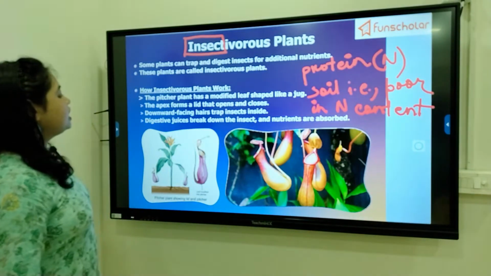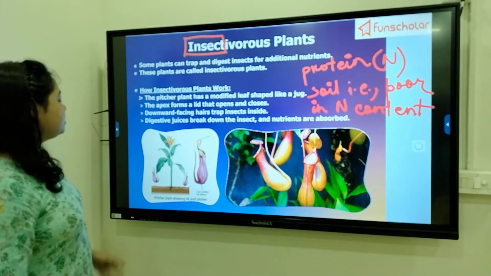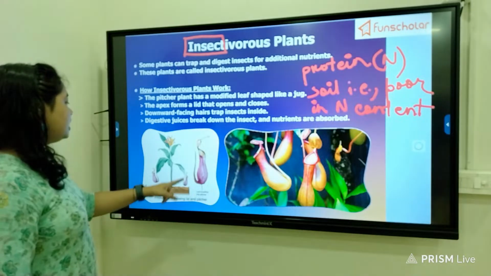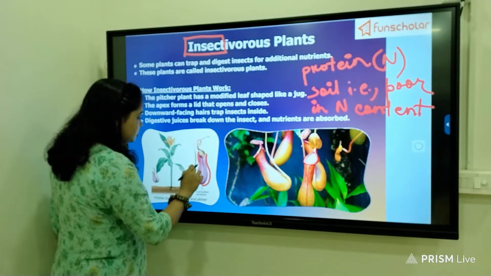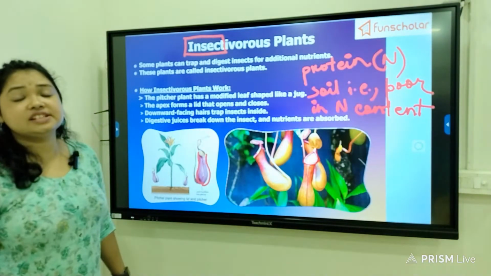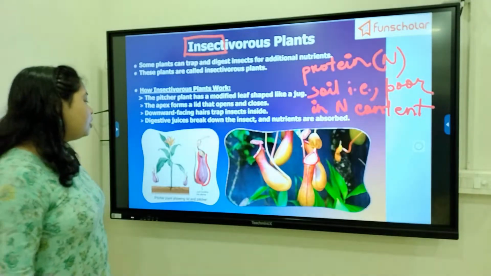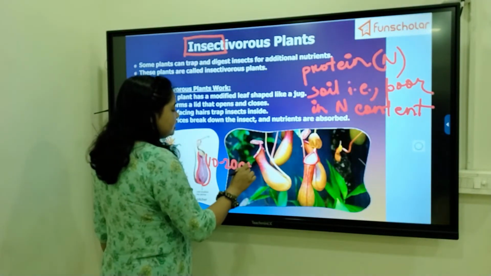Okay. Now there are many types of insectivorous plants. First is the pitcher plant. You can see here the shape is like a pitcher which actually holds water. Here in this case it doesn't hold water, it holds the insect once it gets inside. The length of it is about 10 to 20 centimeters, and there is a lid.